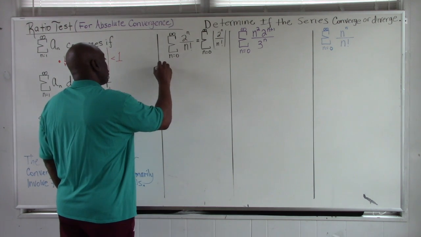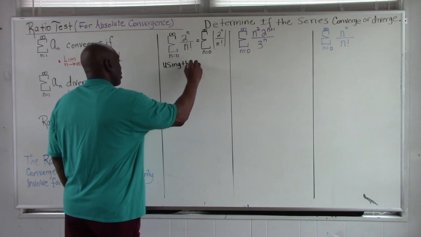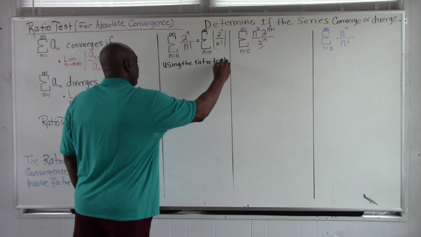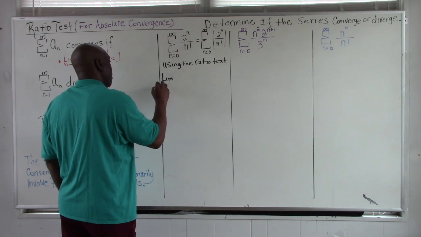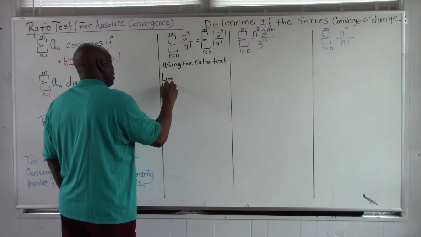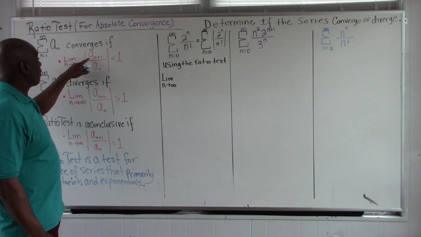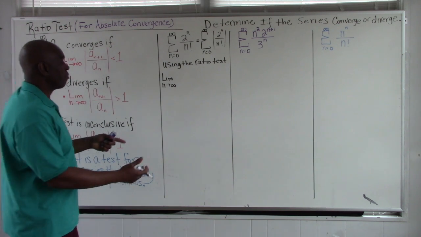Using the ratio test, we're looking at the limit as n gets very large of the a subscript n plus 1 term.